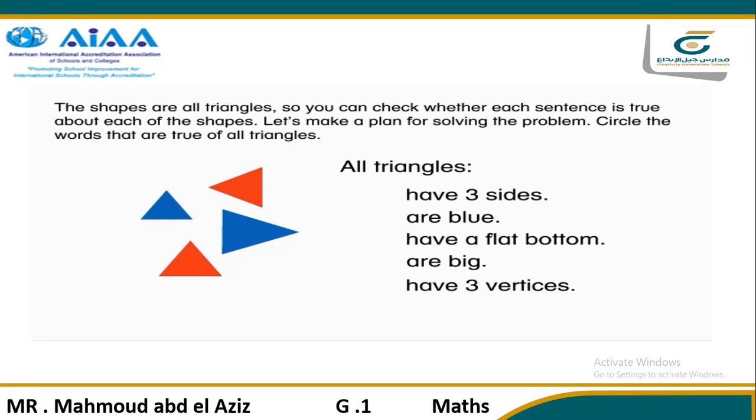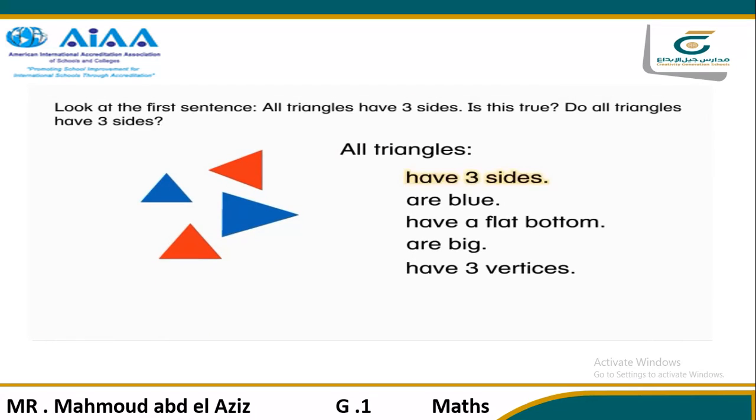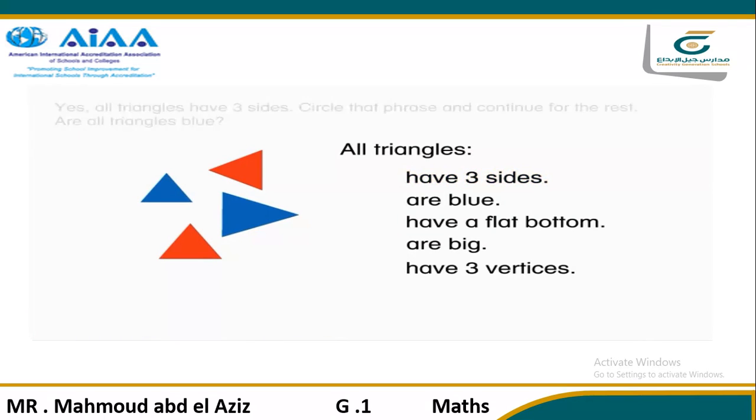Let's make a plan for solving the problem. Circle the words that are true of all triangles. Look at the first sentence. All triangles have 3 sides. Is this true? Do all triangles have 3 sides? Select your answer.